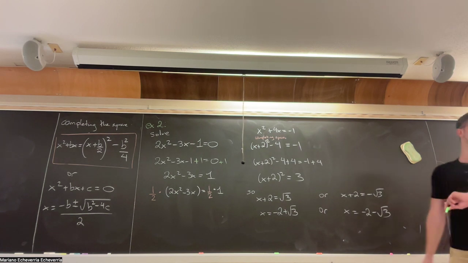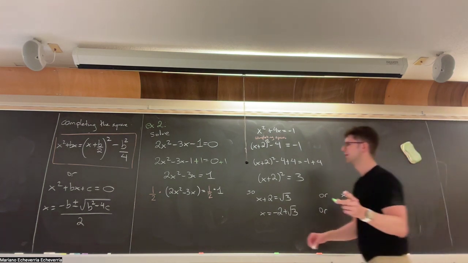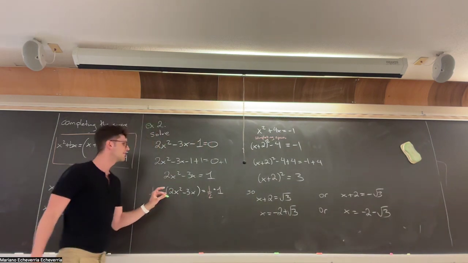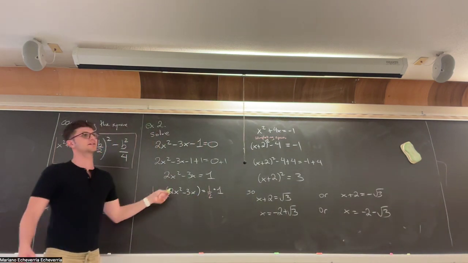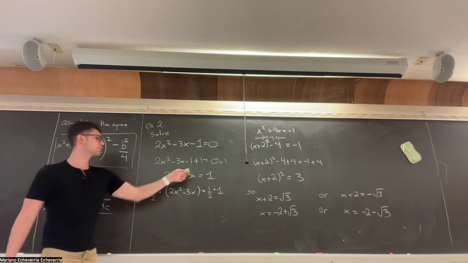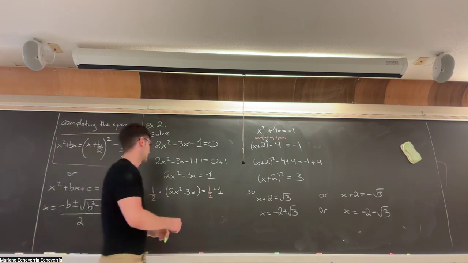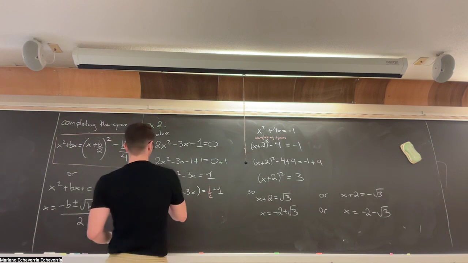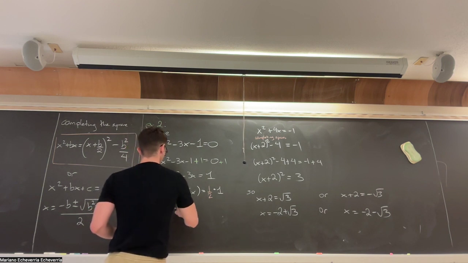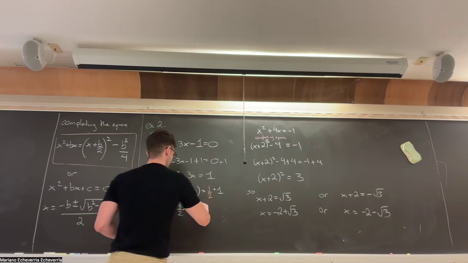And this is a good excuse to remind you that if you multiply both sides by 1/2, that affects both terms in the equation, which is the same as dividing everything by 2, if you want to think about it in that way. So when you do this, 1/2 times 2 gives you 1, so you get x squared minus 3/2 times x equals 1/2.